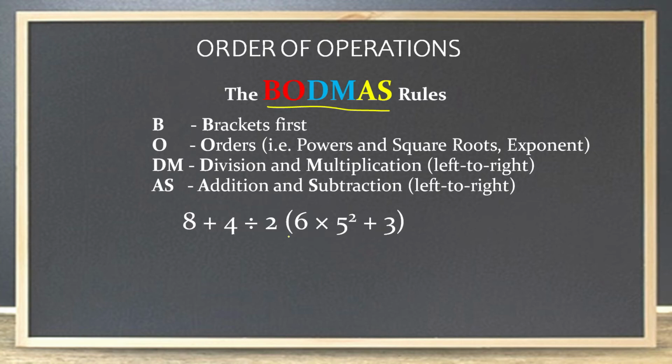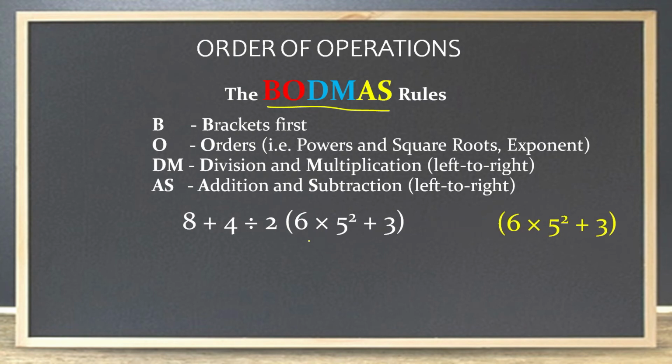The parentheses is always considered to be one term or one value. So whatever expression is in the parentheses, you must solve that first before getting out of the parentheses. So we are going to keep these values and only consider the parentheses first. So we take this parentheses and evaluate it.